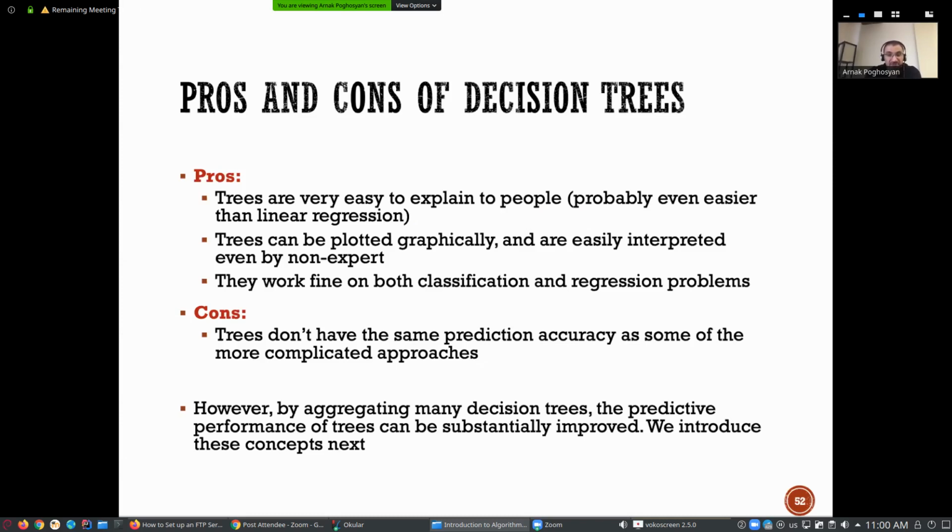Because you will never find something very powerful and also easy to explain. Always remember neural networks: very powerful, very flexible, but you can never understand how they are working. You can never explain to your customers and users how you are predicting your output. In the case of decision trees, everything is very simple.